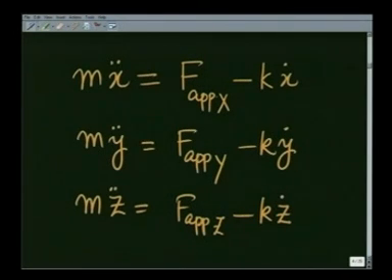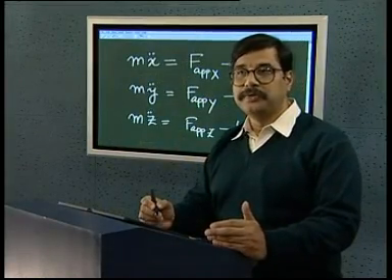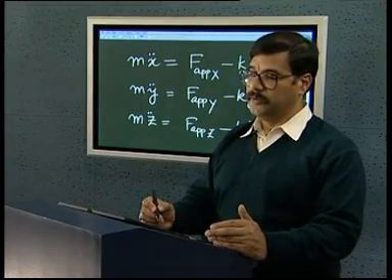This is the simplest of drag forces, and in the next few examples we are going to see how to incorporate this in the motion.